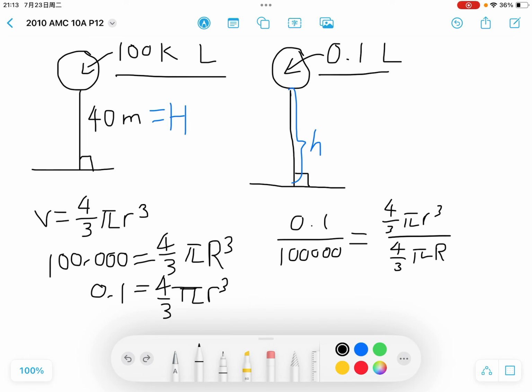And luckily, these terms cancel out, and we're left with small r cubed over big R cubed is 0.1 over 100,000. So this means that 1/1,000,000 is the proportion between small r cubed and big R cubed.